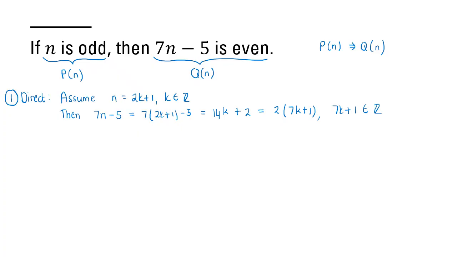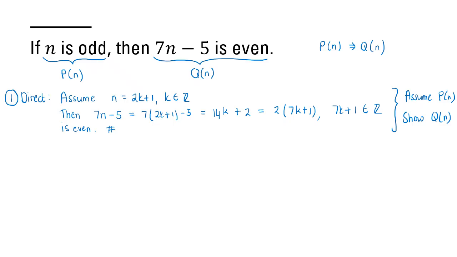So 7n minus 5 is even, exactly what we wanted to show. And our proof is done. What did we do in the direct proof? Just again to summarize, we assumed P and we proved that Q is going to naturally follow from that.